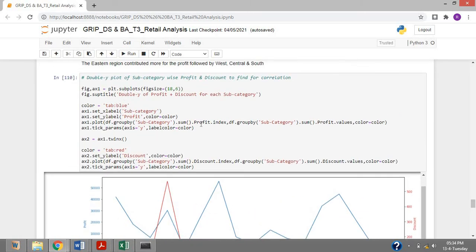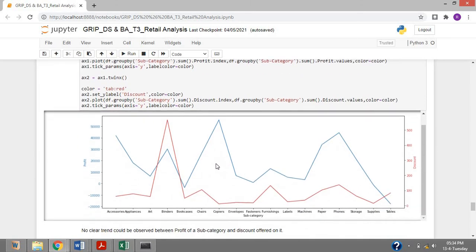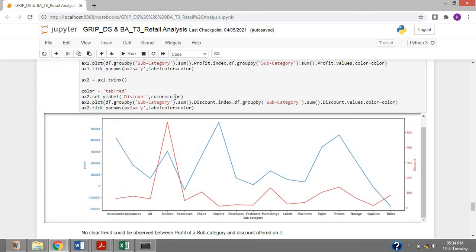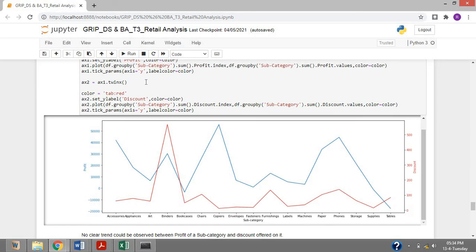Blue is for profit, and the red one is for the total, cumulative discount that is offered. And here we are specifying that axis 2 is going to share the x-axis of axis 1, so both the x-axes for the plots are going to be the same.